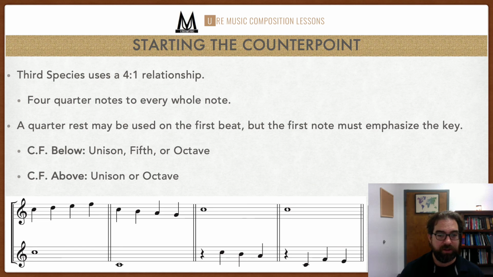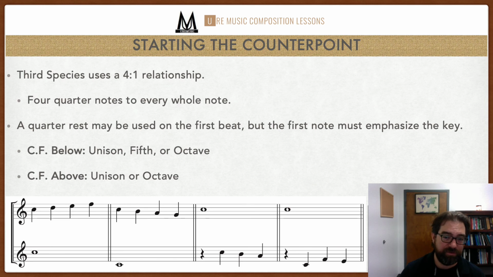applies here. If the counterpoint is above the cantus firmus, you can start with a unison, a fifth, or an octave. If the counterpoint is below the cantus firmus, you can only start with a unison or an octave.